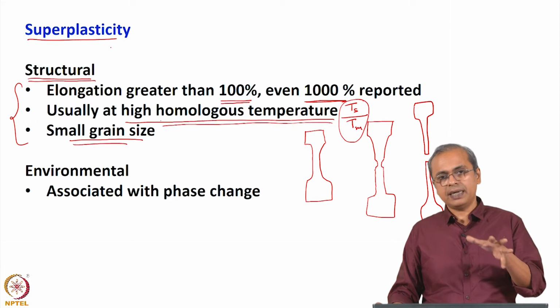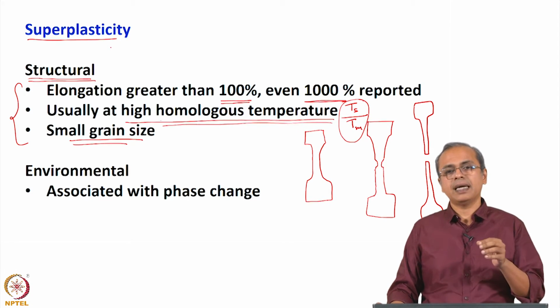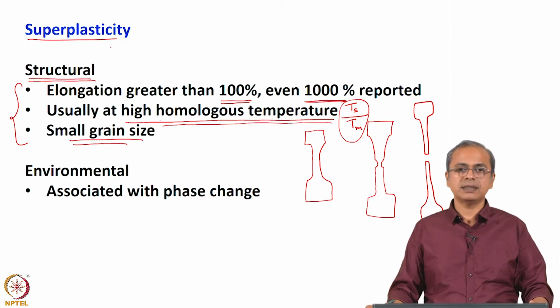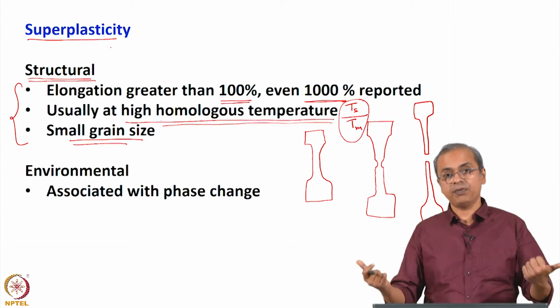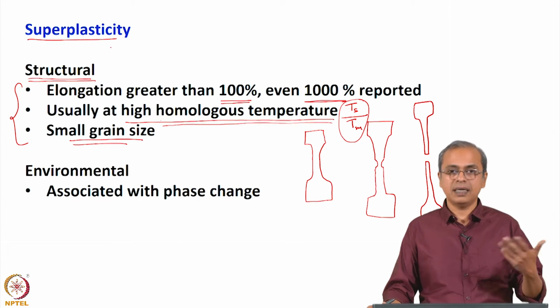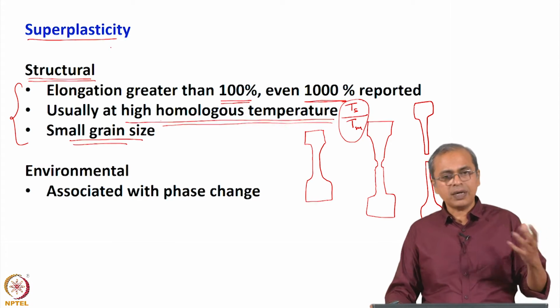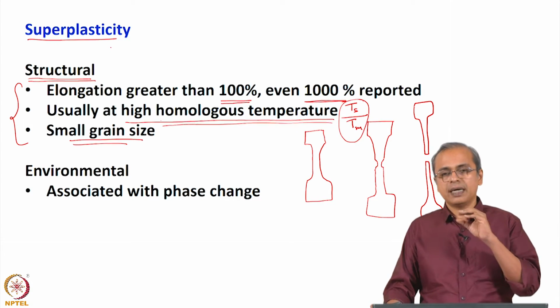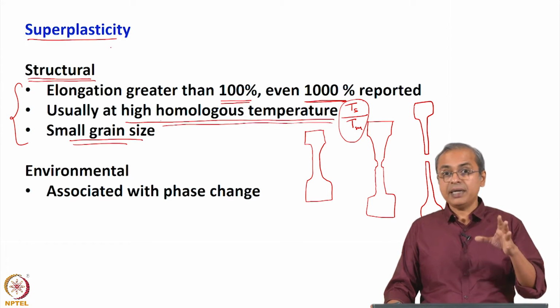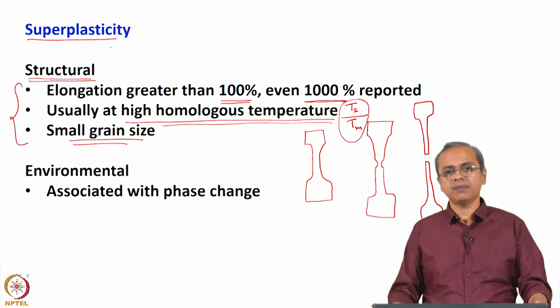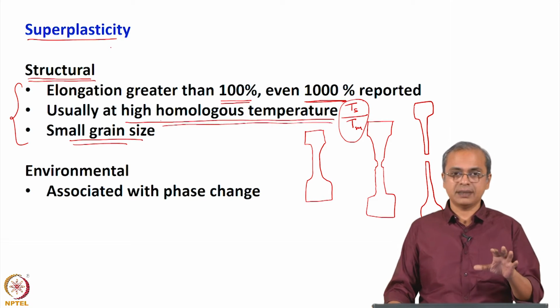If you are close to that range where this anisotropy is happening, and you are utilizing this anisotropy to your convenience by increasing deformation in one direction relative to another, then in that process you see long elongations before failure. So, it seems to convey the kind of behavior that you associate with superplasticity. That is one way in which you can accomplish this near superplastic behavior.